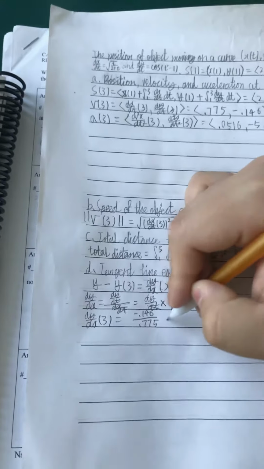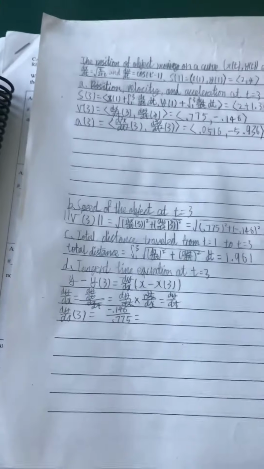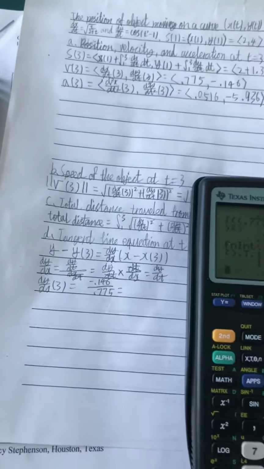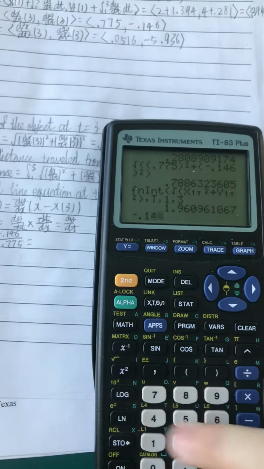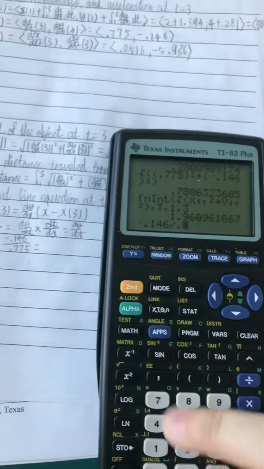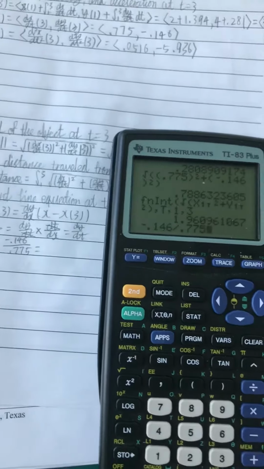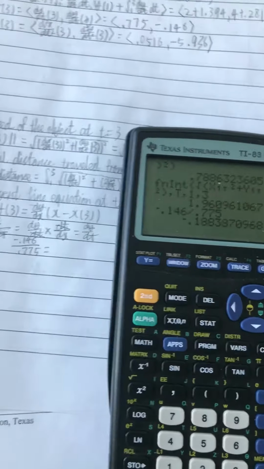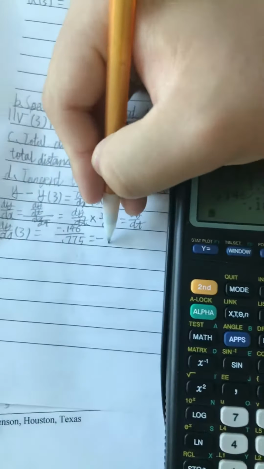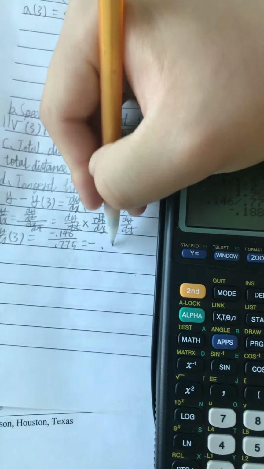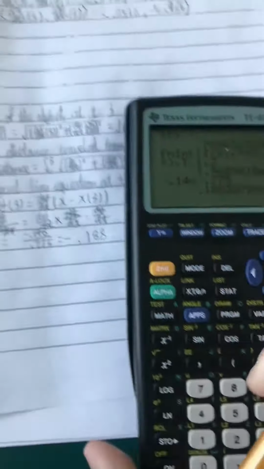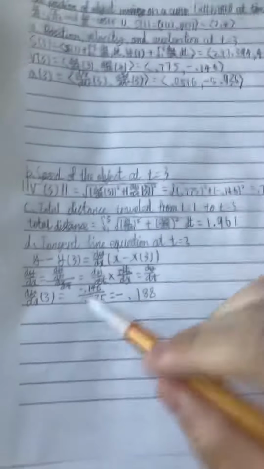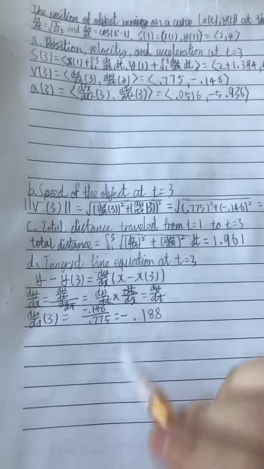Okay, perfecto. Now let's plug this into our calculator. Negative 0.146 divided by negative 0.775 is equal to 0.188. We don't need to round up because the following digit is a 3. And okay, so this is basically the slope of the tangent line.